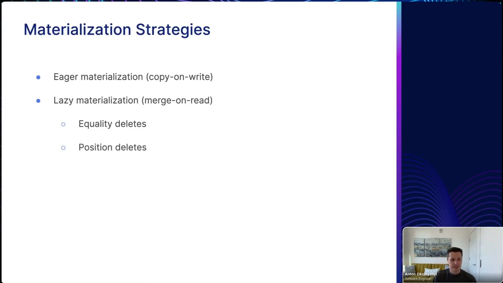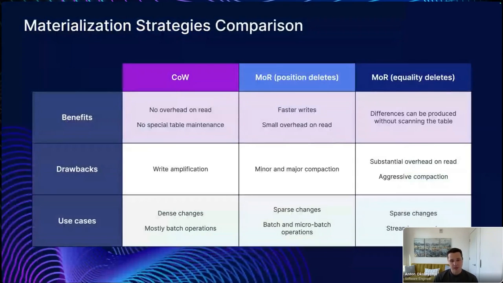If you handle changes using copy and write, there would be no overhead on read, and the table would not require any special table maintenance afterwards. Copy and write excels when you need to modify a large number of records in a subset of files, which is fairly common in batch use cases, I would say.